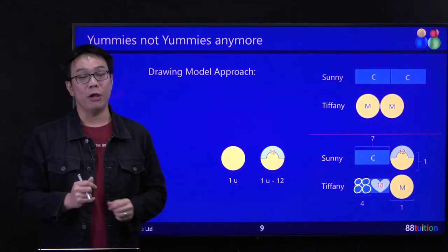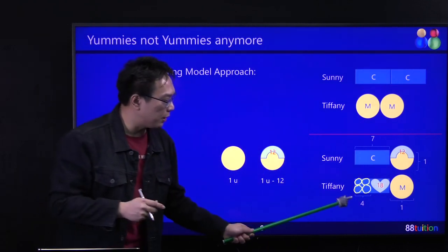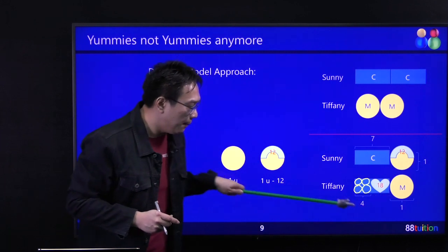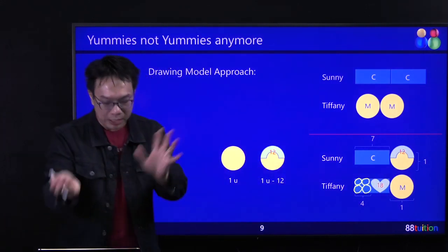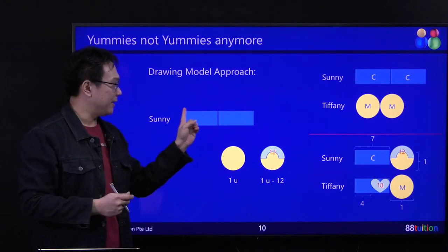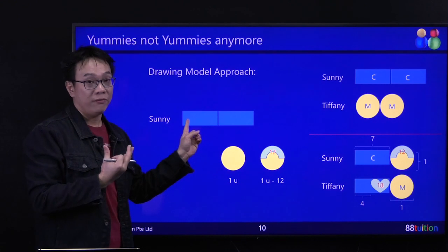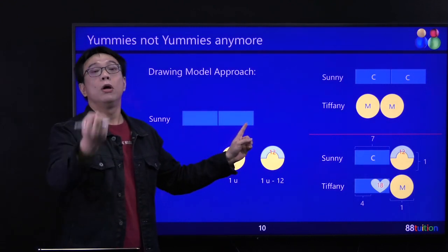So these are the two things you have to take note of. Number 1 is the linkage. Number 2 is what the ratio for that particular person means. Now, if you return everything back to Sunny, say this portion is what she actually has, and this portion is given to Tiffany. Now she takes back from Tiffany.